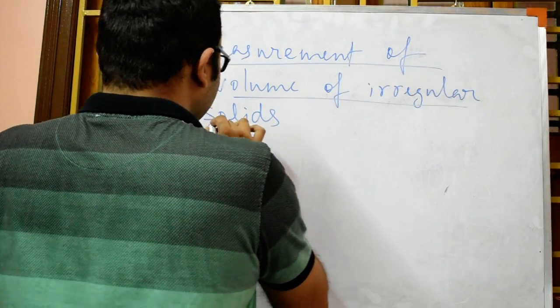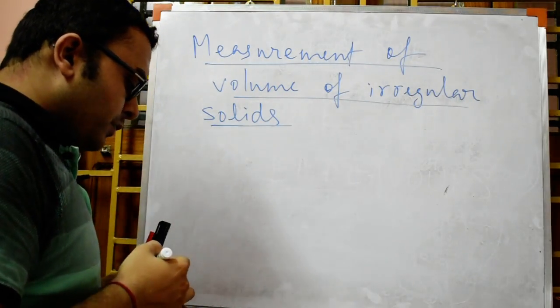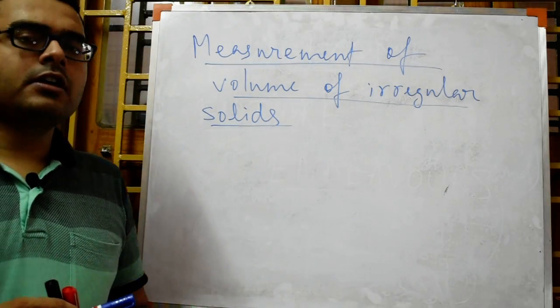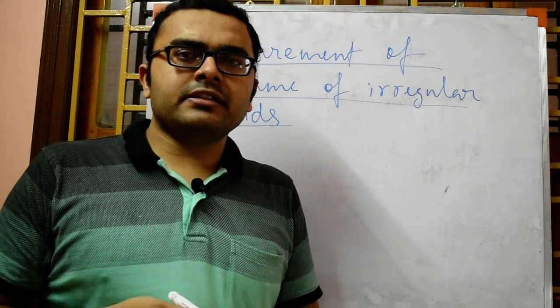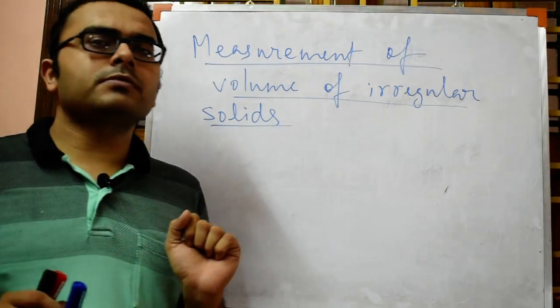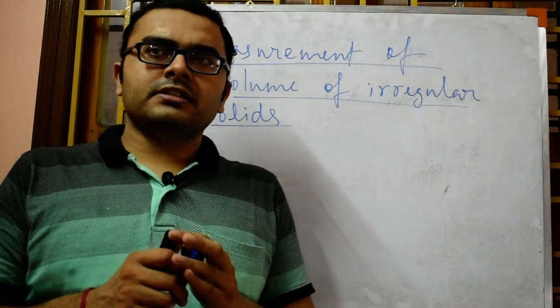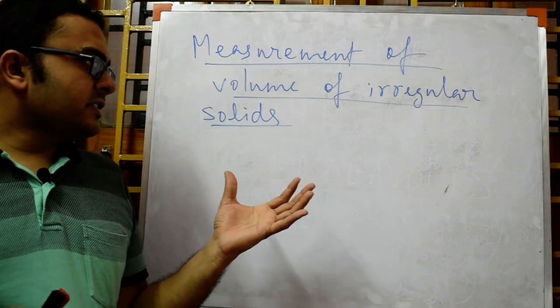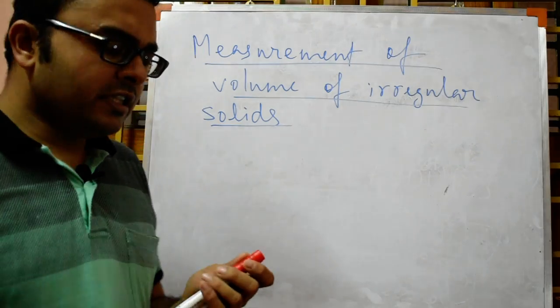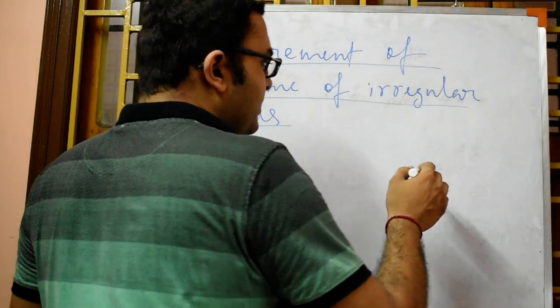We have seen that for regular solids we have definite formulas, and accordingly, if we measure the length, breadth, height or the radius, we can calculate the volume of those objects. But when you have an irregular solid like a stone, you don't have any particular shape.